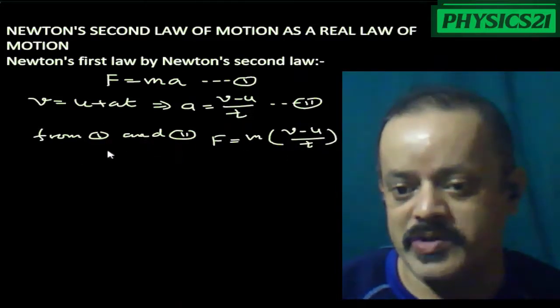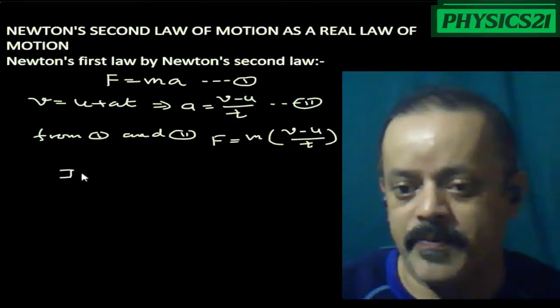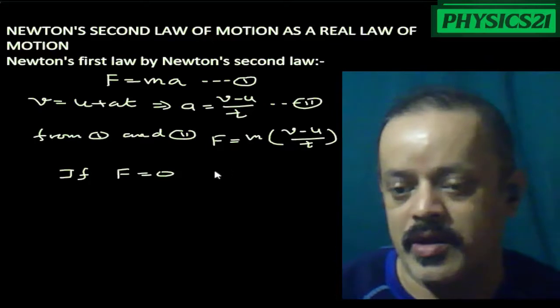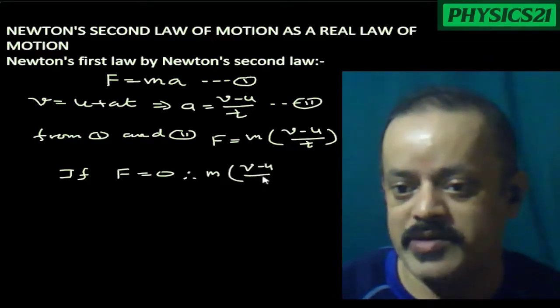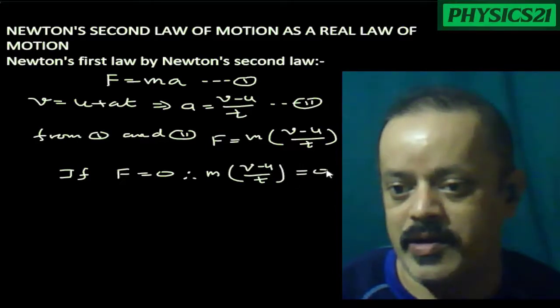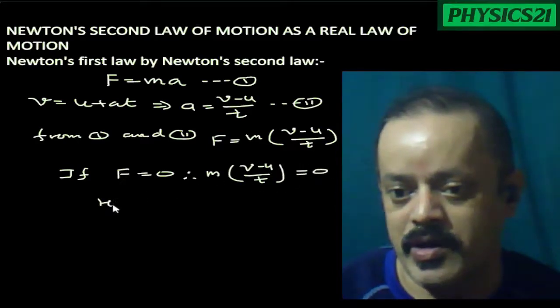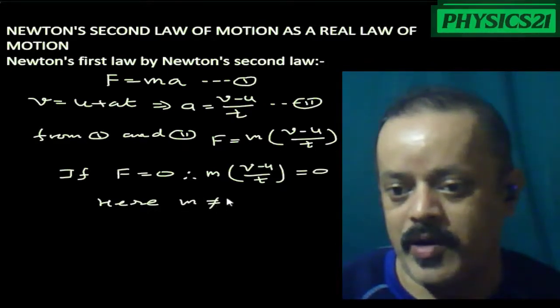If there is no force, meaning F = 0, then we write m(v - u)/t = 0. Here m is not equal to 0 and t is not equal to 0.